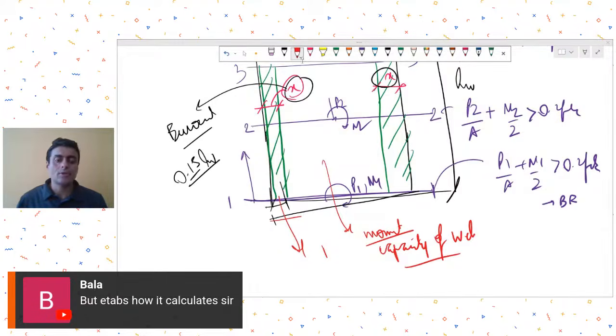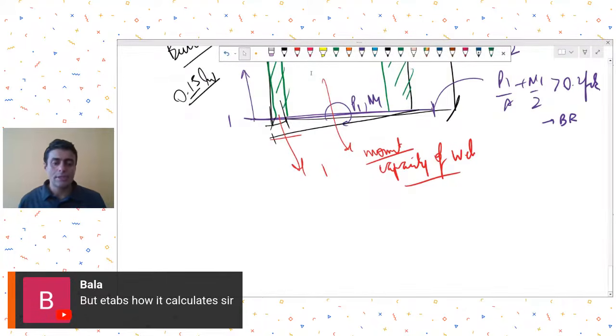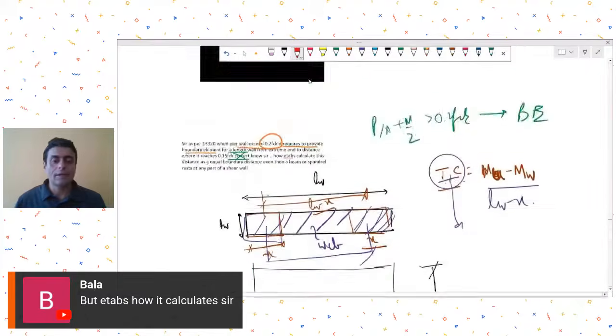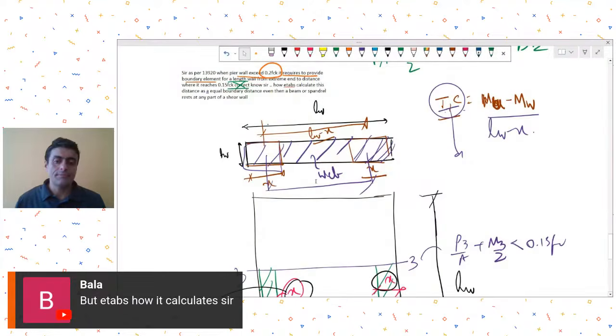Okay, so ETABS uses what is called a simplified C and T approach, where whatever is the total moment, it will just divide it by the distance between the two boundary elements, considering that the web is unable to take anything, and then find out the T and C, and to accommodate this T and C, whatever x is required, it will provide that.